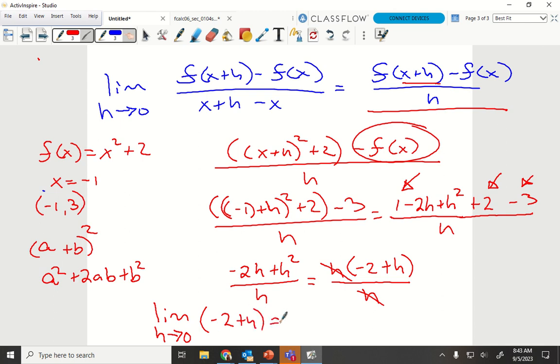Can you plug in the 0? Yes, we can. We plug in the 0, and we're left with -2. All that just for that. It's actually not as long and hard as it looks. I just went super slow because some people are falling asleep while I'm talking.